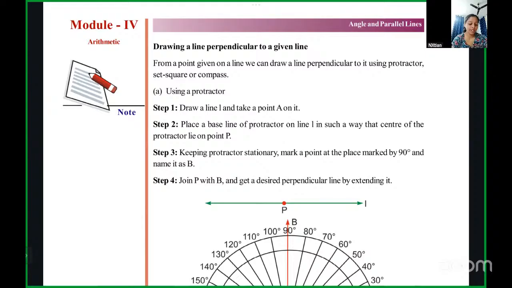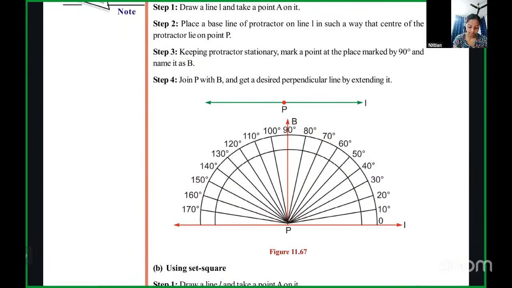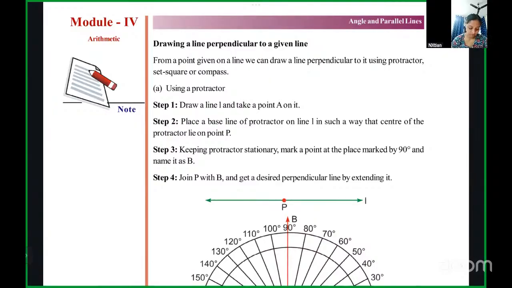Joshua, till then you make a line. Draw a line of any length.